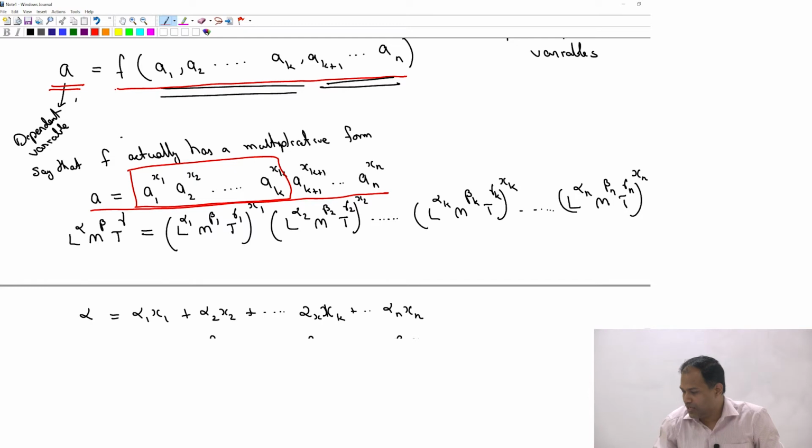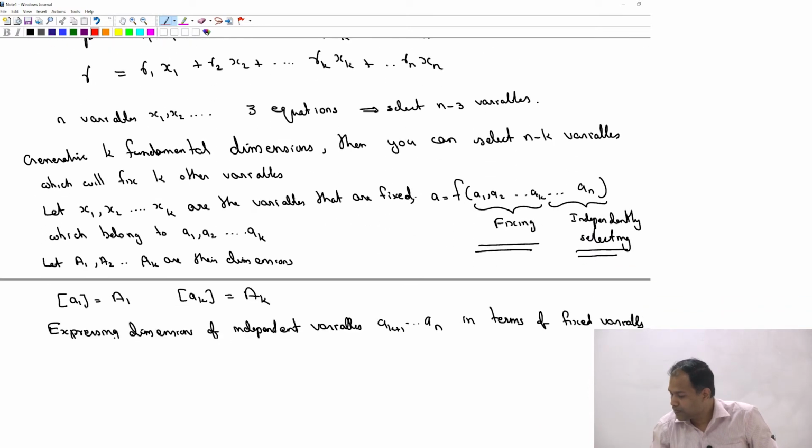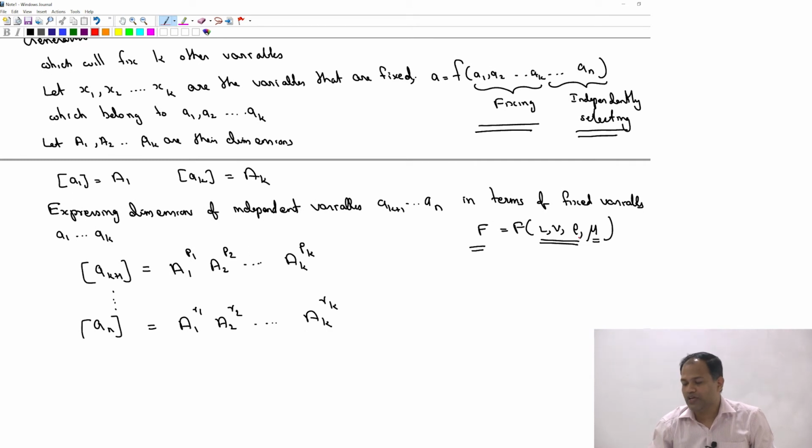That's what I was telling you in this example, that if you have force as a function of L, V, rho and mu, this is 1, this is 2, etc. and let's say this is the k plus 1th variable. The dimensions of the k plus 1th variable will be represented in terms of the dimensions of the first k variables.